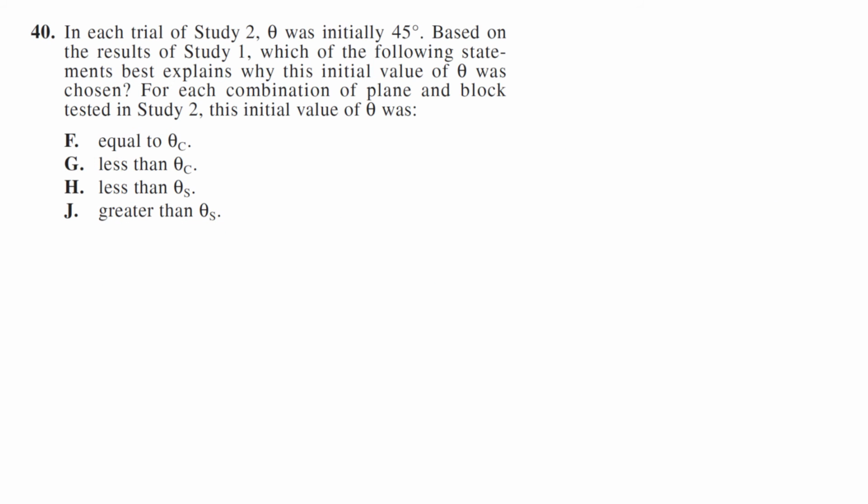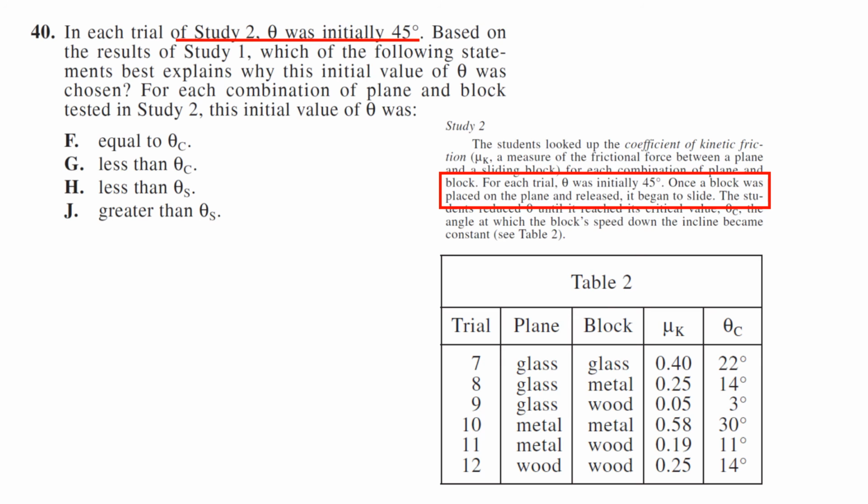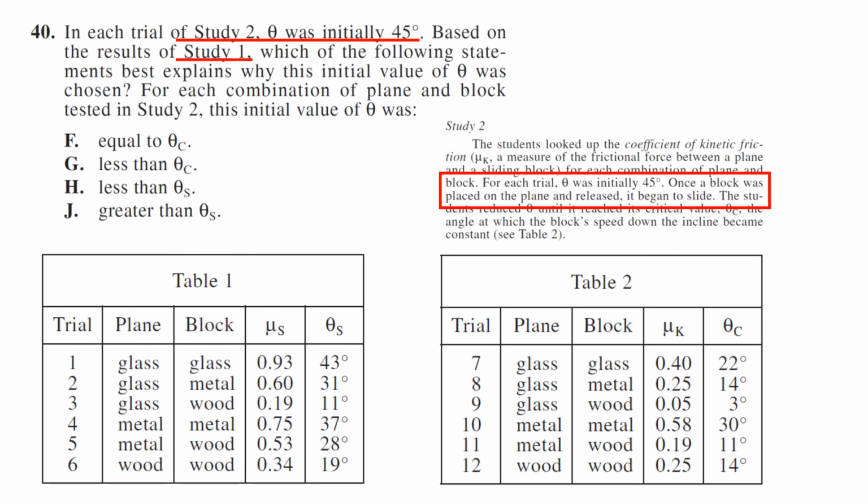Number 40, in each trial of study 2, theta was initially 45 degrees. So that tells us there that they started at 45 degrees. Based on the results of study 1, which of the following statements best explains why the initial value of theta was chosen?